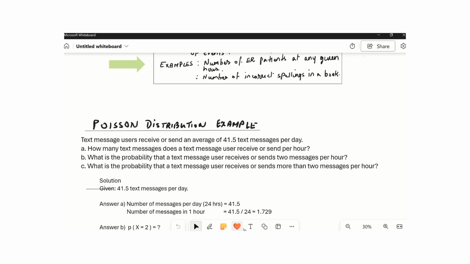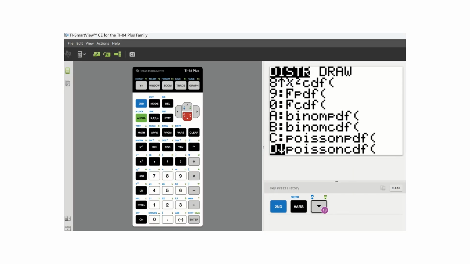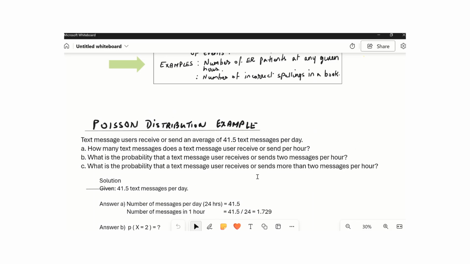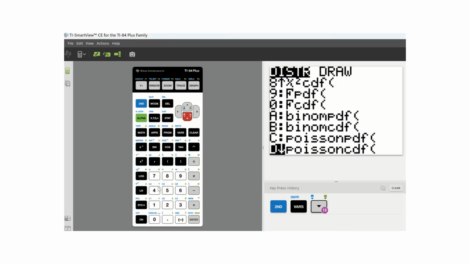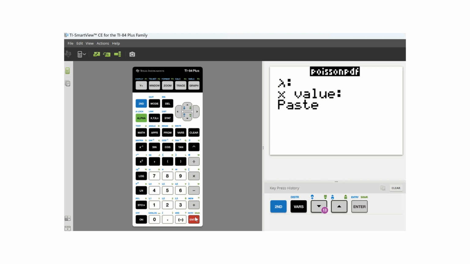To calculate that, let's go to our TI-84, and we are already on this screen. The question said sends or receives exactly 2 messages, so for that reason we are picking option C. Let's scroll up, hit enter, and it's a pretty simple input for this calculation.